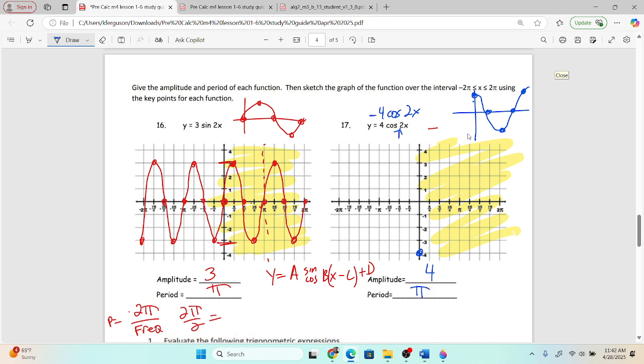That tells me I should get through one graph right here. We start at the low point, hit the midline, go to the highest point, back to the midline, and then the lowest point. And then we do it again, and we just do that.